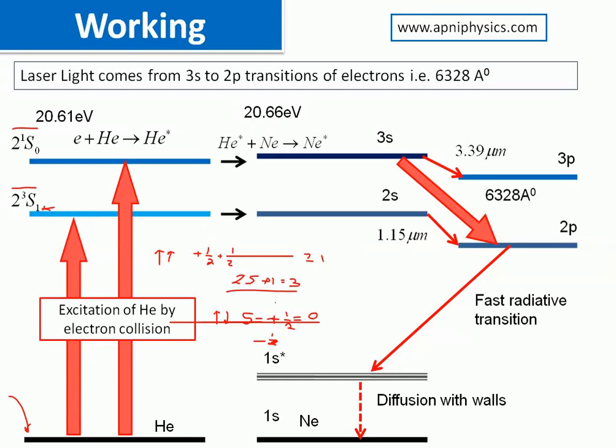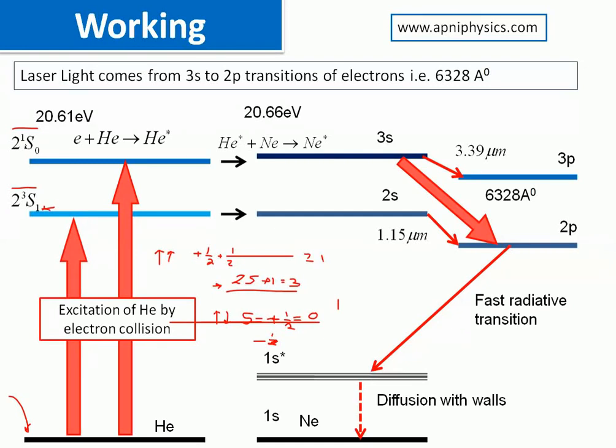So s is equal to 0, and when you put this value in the multiplicity formula 2s plus 1, it will be equal to 1. And the total spin angular momentum is 0. So here you see that this is 1, coming from the multiplicity, and this is 0, the total angular momentum.